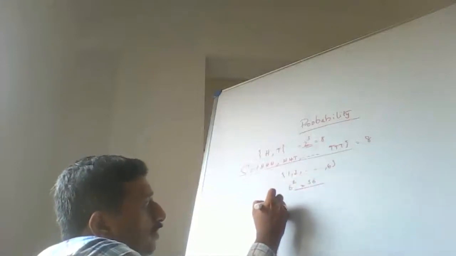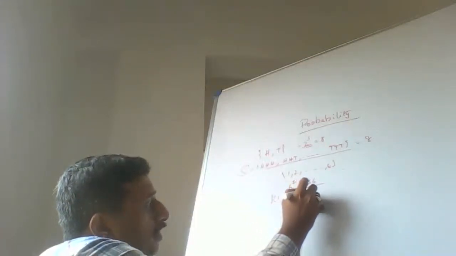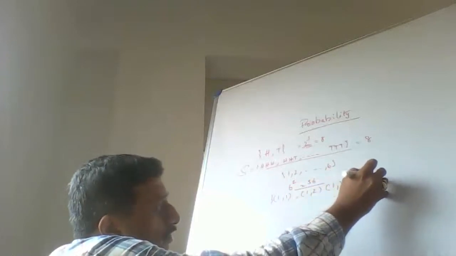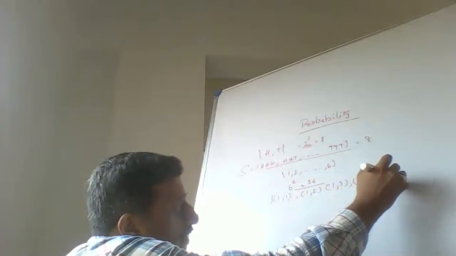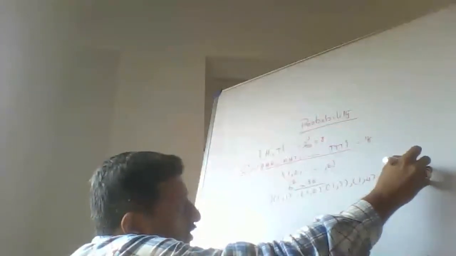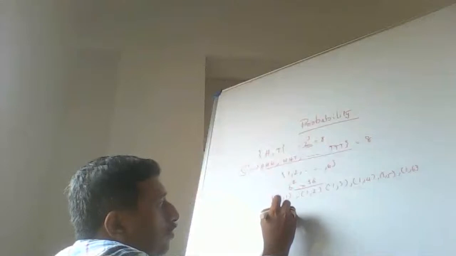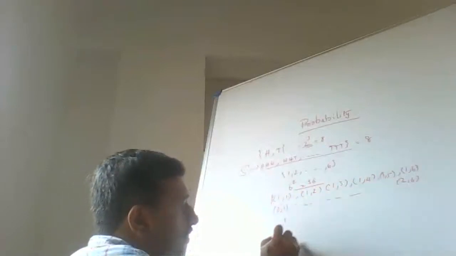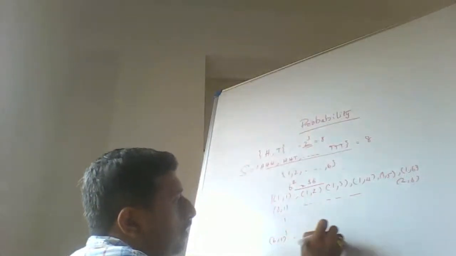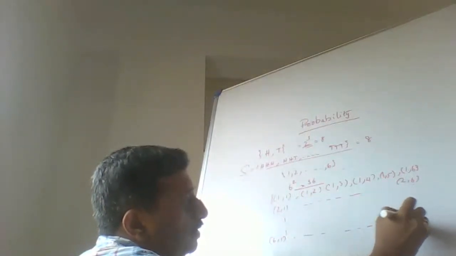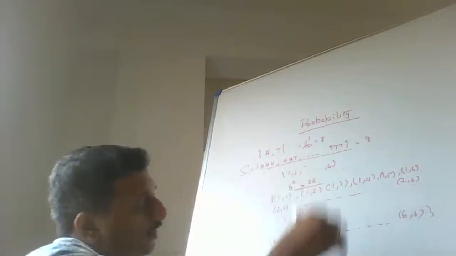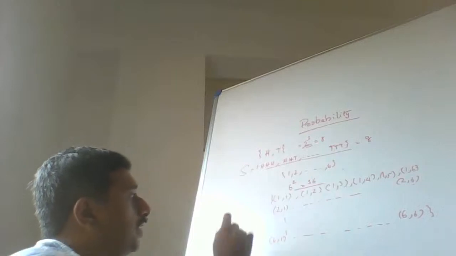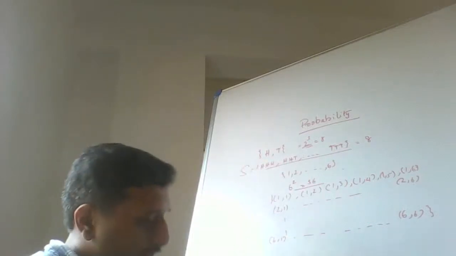So we have 1 comma 1, 1 comma 2, 1 comma 3, 1 comma 4, 1 comma 5, and 1 comma 6. Like that you have 2 comma 1, 2 comma 6. Likewise, 6 comma 1 and 6 comma 6. So these are the possibilities which you have. So this is the entire sample space.